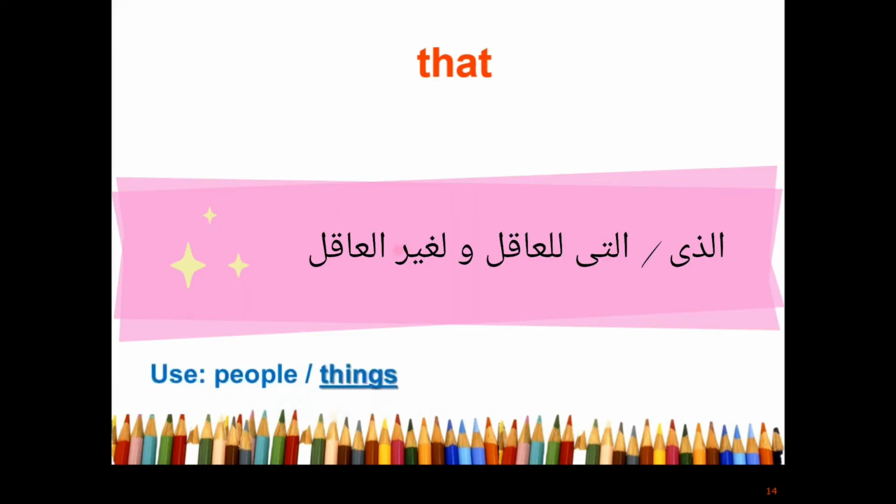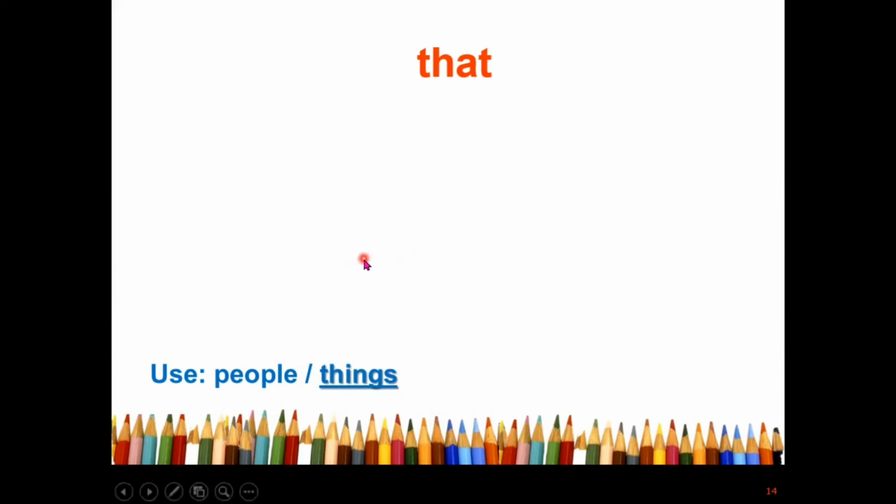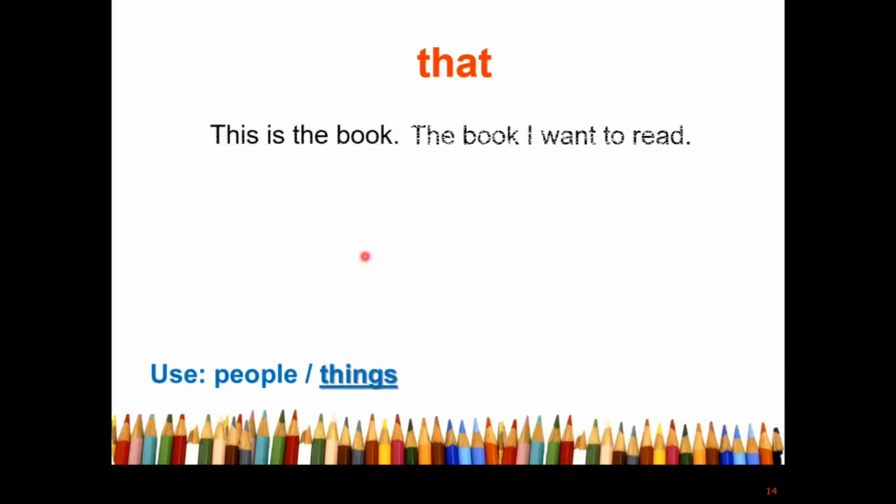The last relative pronoun we have is that. And we use that for things and for people. نستخدم that مع الأشياء ومع الأشخاص. مع الأشياء like which ومع الأشخاص like who. This is the book I want to read.